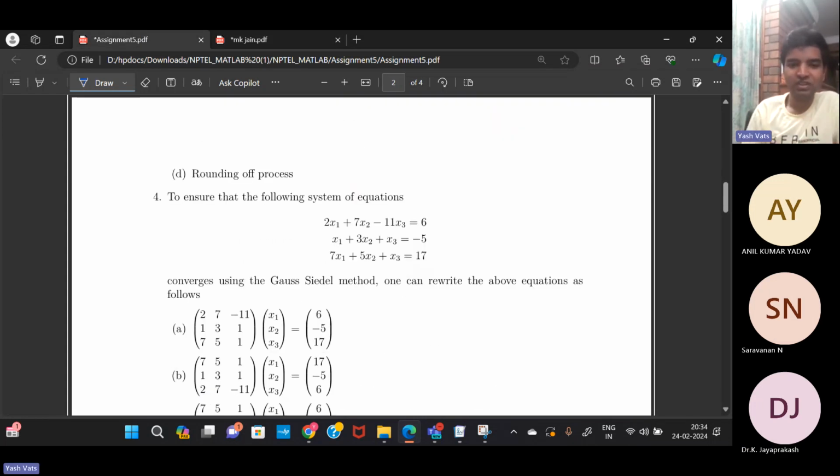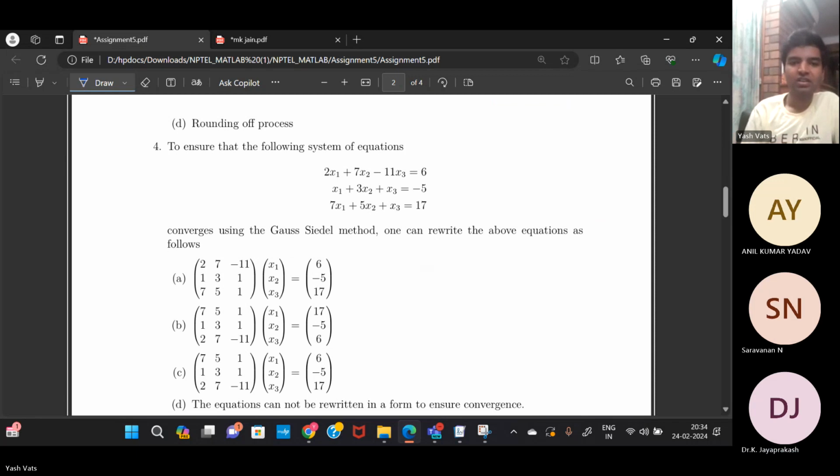Okay. To ensure that the following system of equations converges using the Gauss-Seidel method, one can rewrite the above equation as follows. So which is the more appropriate way? Now you will tell me how to write this. How do I ensure that this Gauss-Seidel method converges for this system of equations?